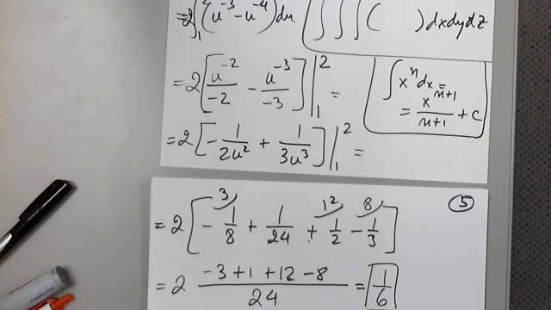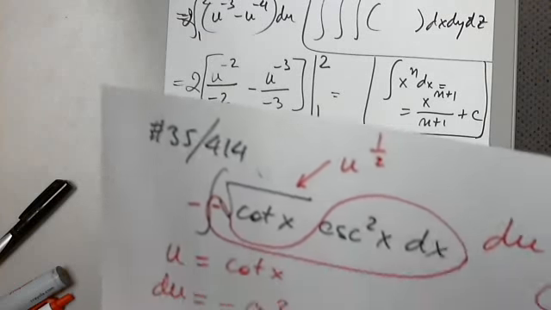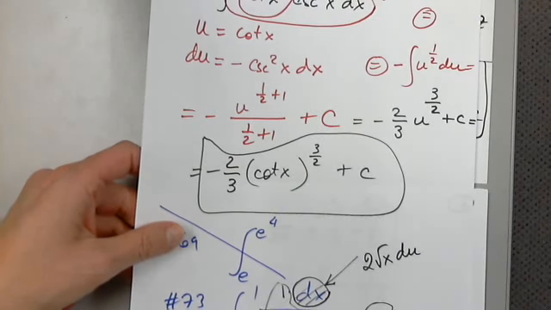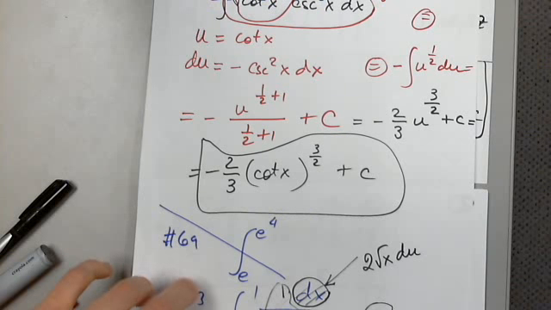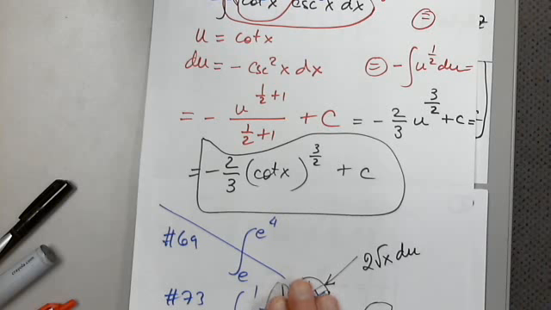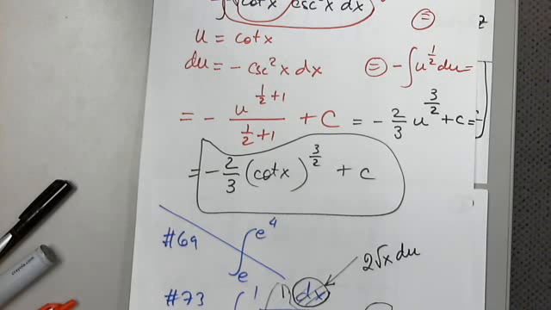Now, what I want to mention, and I didn't right here, is whenever we're asked to calculate a definite integral, like this one from 0 to 1, we have to make sure that the function inside is continuous. Is this function continuous between 0 and 1?